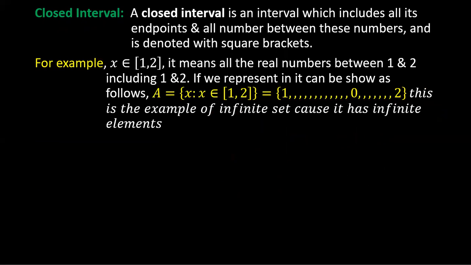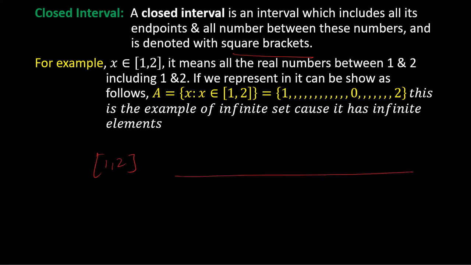Now this is a very important part, closed interval. Closed interval is an interval which includes all its endpoints and all the numbers between these endpoints, and is denoted in square brackets. Let's say 1, 2 closed interval.